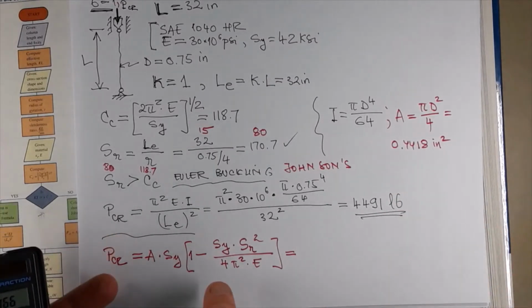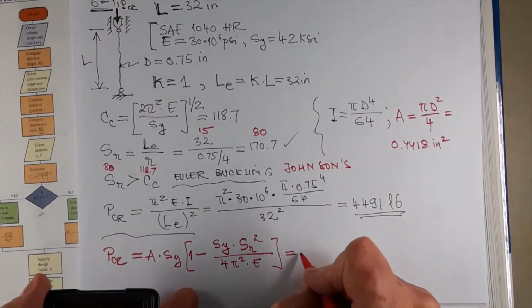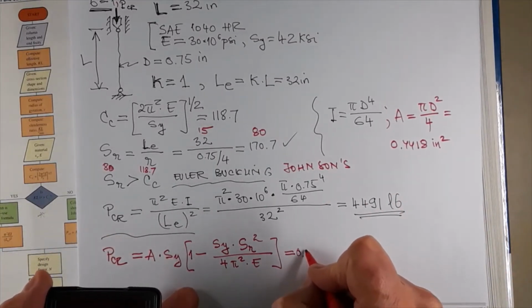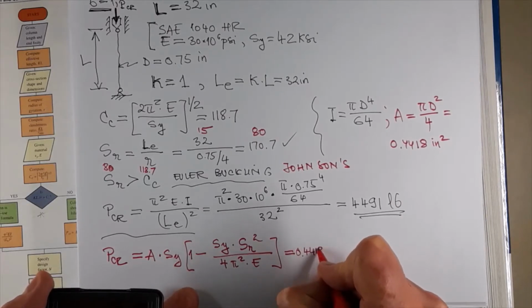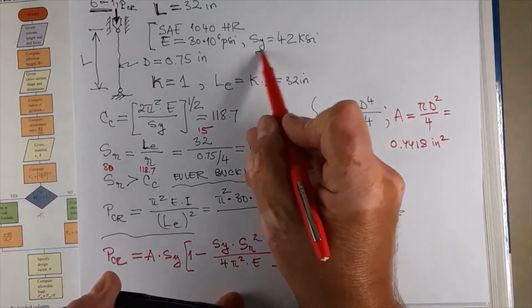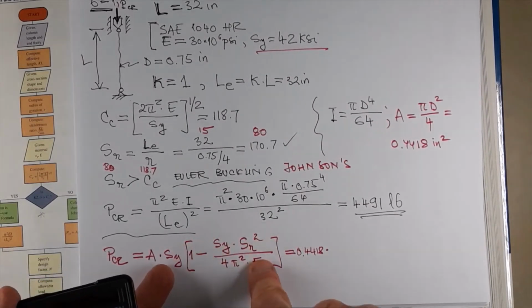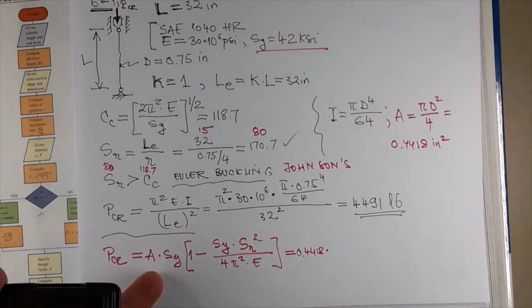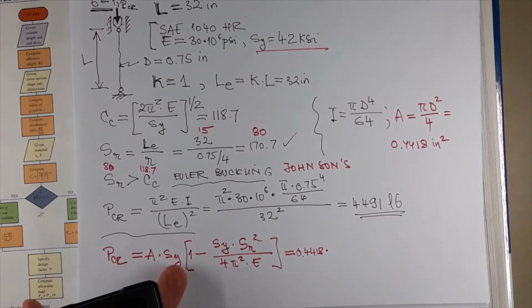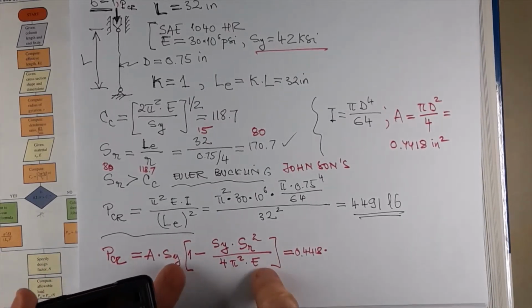Okay, so I have the area, 0.4418 times yield strength. We need to match the strength value inside and outside parentheses.